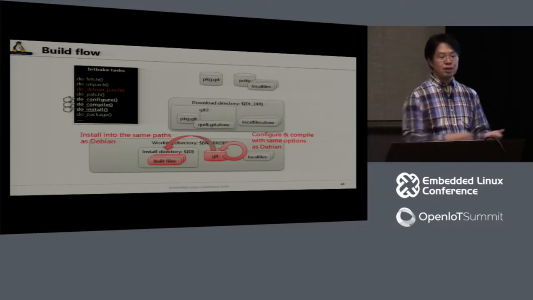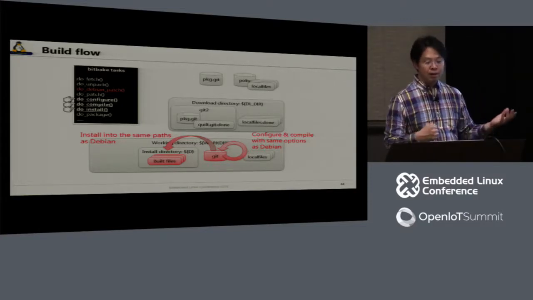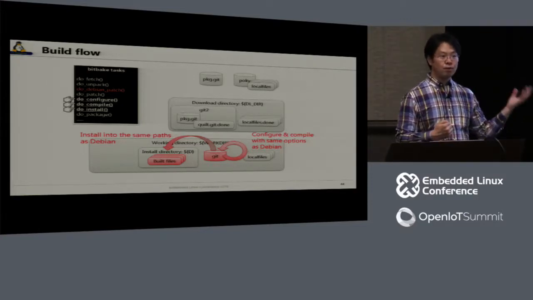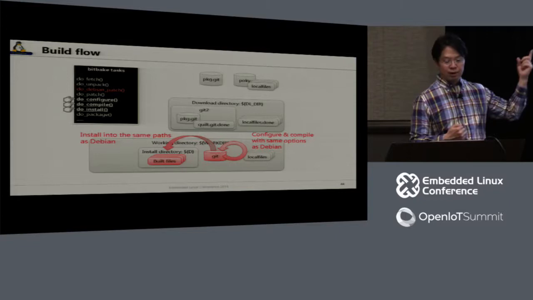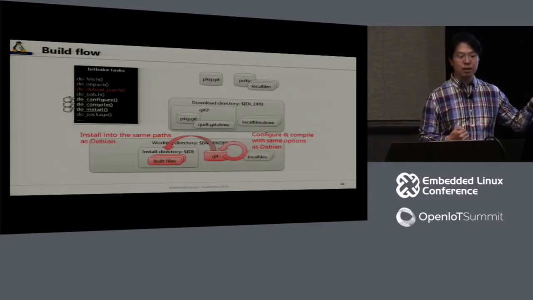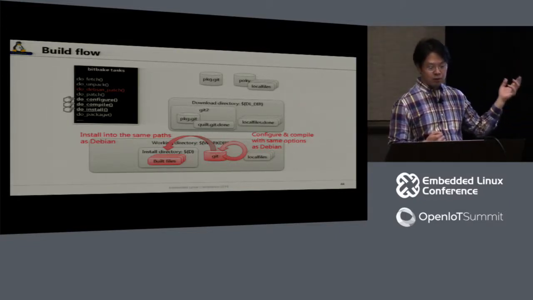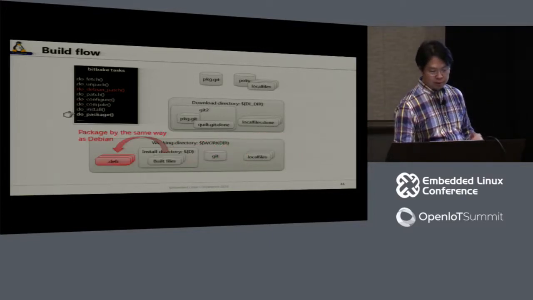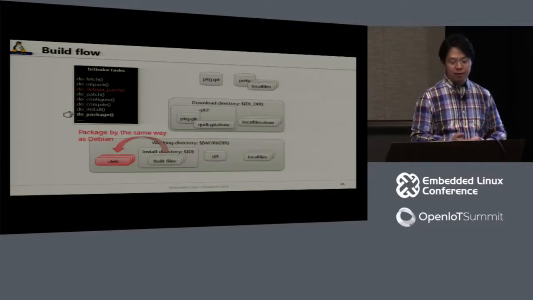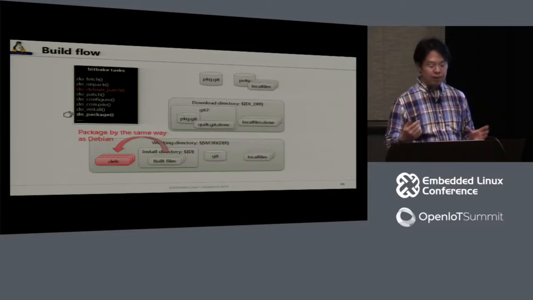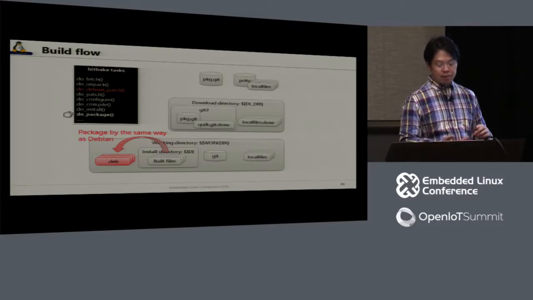So we can just redefine these configuration options by overwriting do_configure and do_compile options. And after that, when compile is finished, MetaDebian creates deb packages.